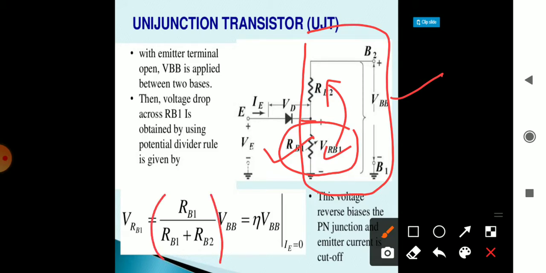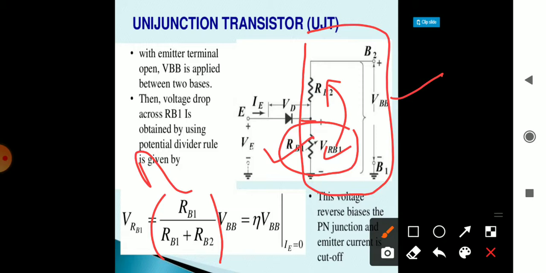So I can represent RB1 by RB1 plus RB2 as eta, where you can see the efficiency symbol, that is nothing but eta. This eta we call the intrinsic standoff ratio.